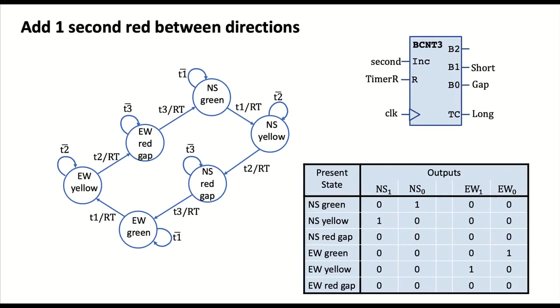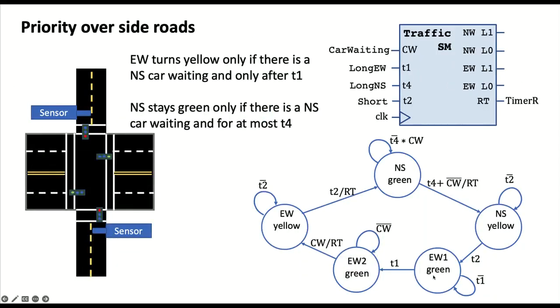Oh, I see. So you're going to miss it, right? What would happen is that if T1 stayed high, then what you're saying would work, but T1 won't stay high. And so if we were to combine this and say T1 and car waiting, you would have to have a car waiting possibly to hold T1 after it arrived, depending on when it arrived in the cycle.